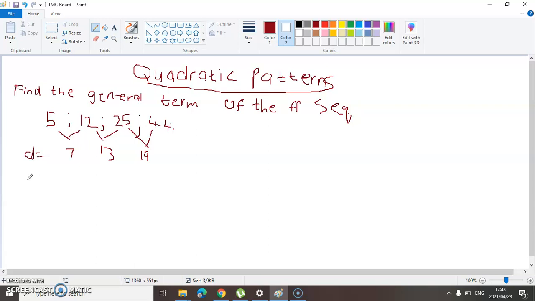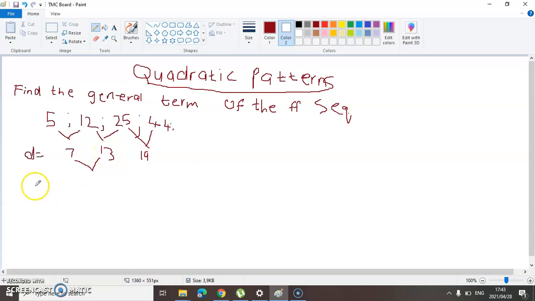Then you must look for the second difference. If the first difference was the same, we would know this is an arithmetic sequence, and we would use the equation of an arithmetic sequence to find what we need. But this is not an arithmetic sequence, so we want to find the second difference.